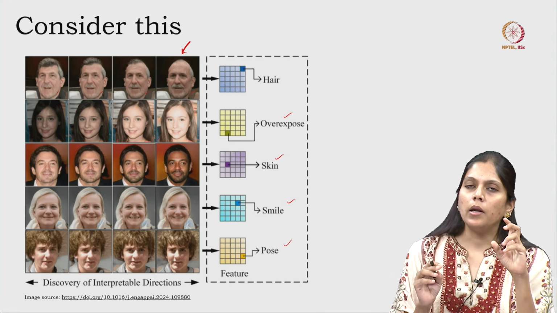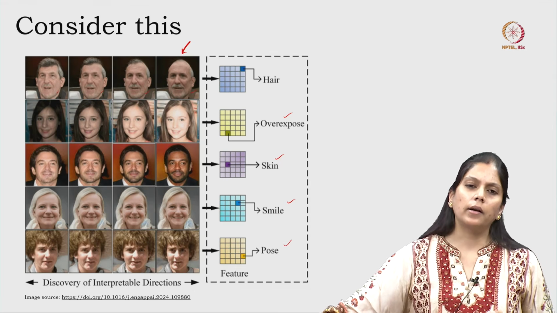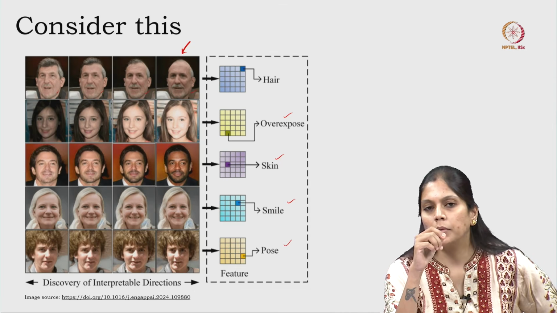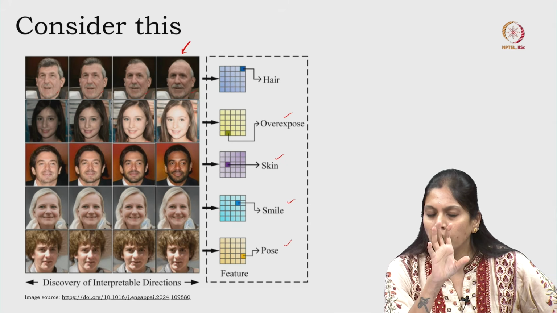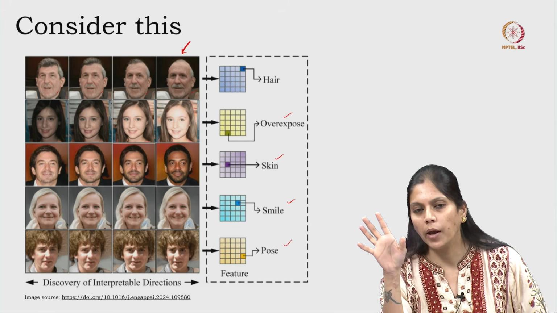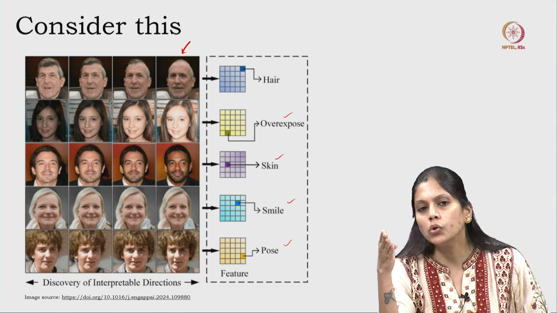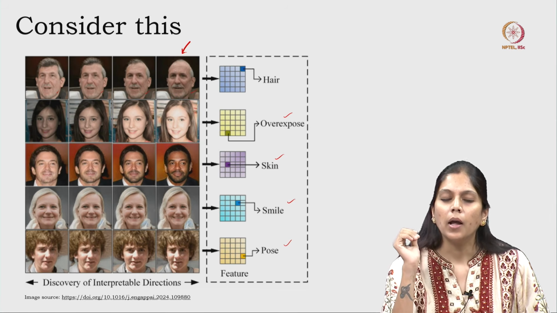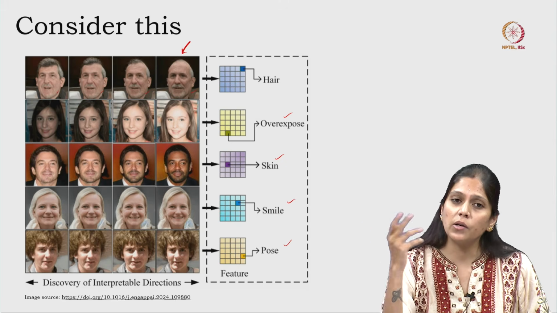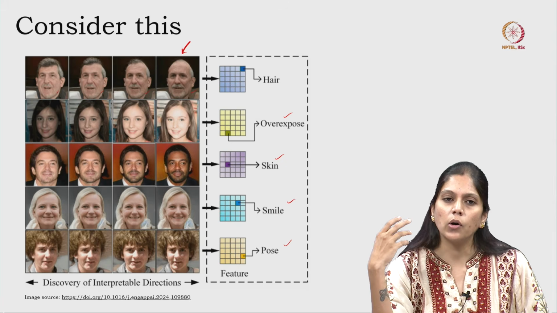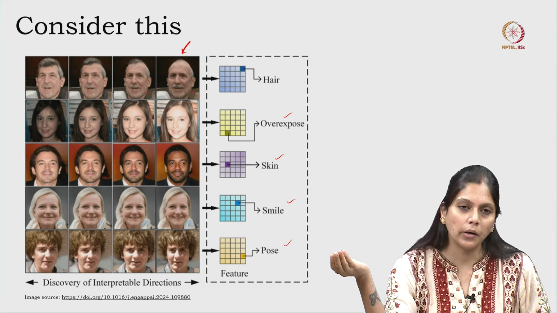Now, if we can do a modification only with respect to hair, is it not we are getting multiple variations of the same data, and each of these variations is different from each other? Is it not we are generating more such data?